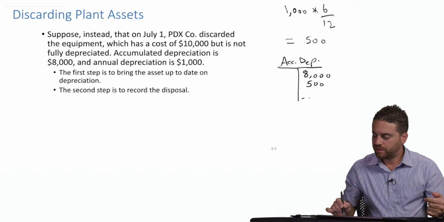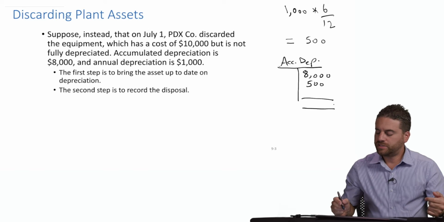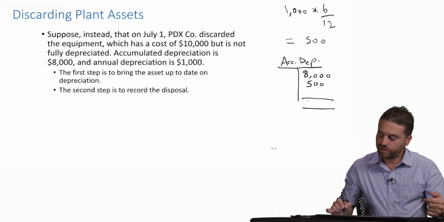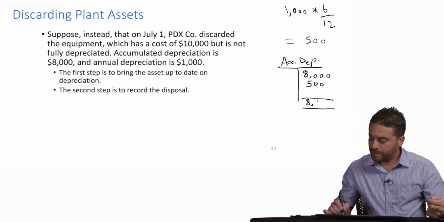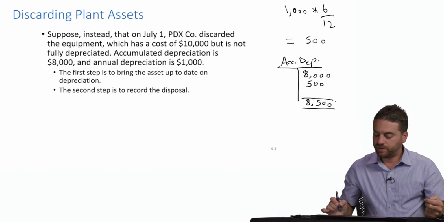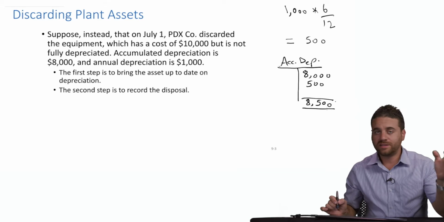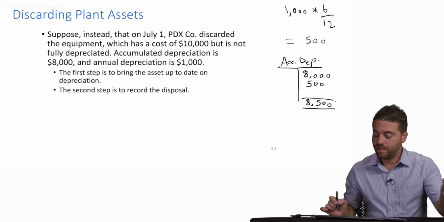So my total accumulated depreciation up to the day we discarded it is $8,500.